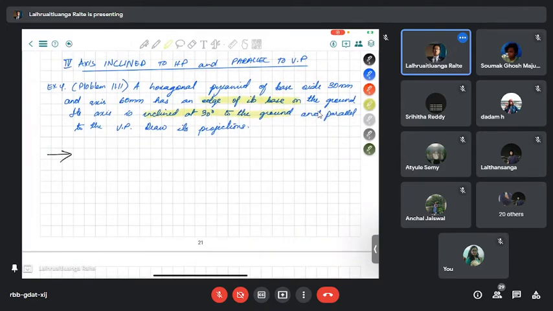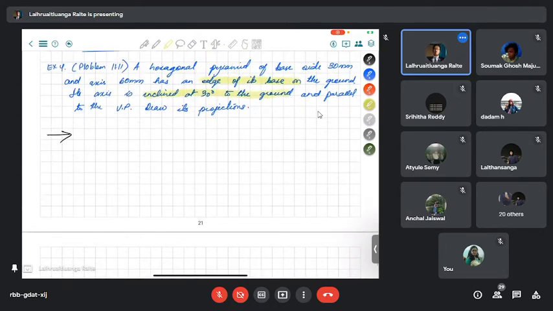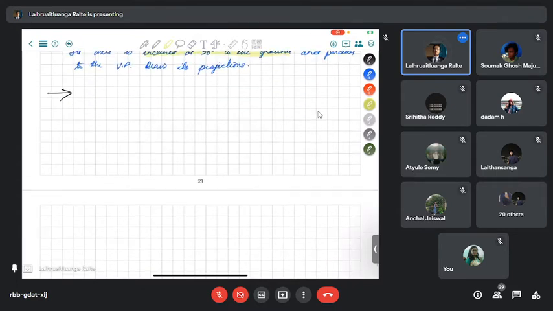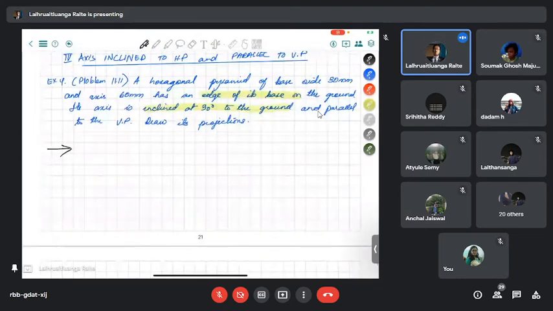Okay. I think our page is... yeah, we can use both the pages. So it is on the ground base.